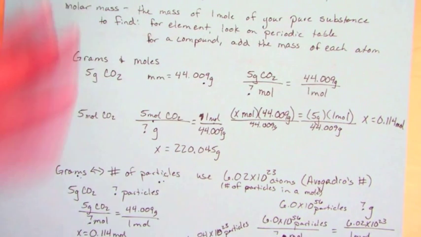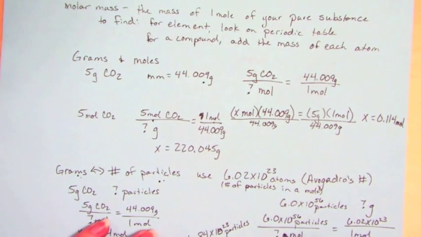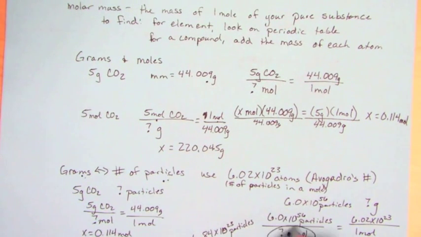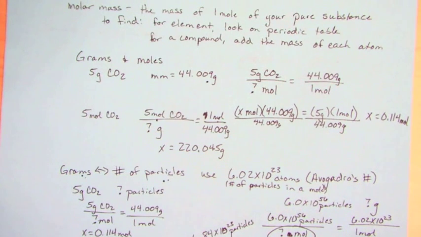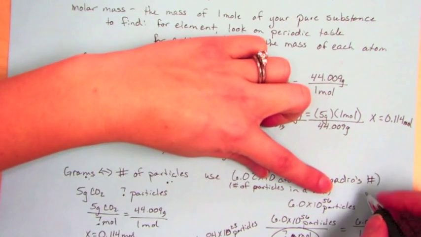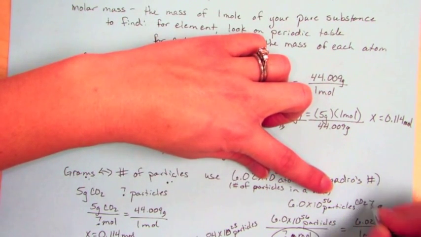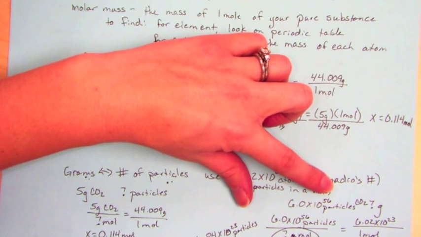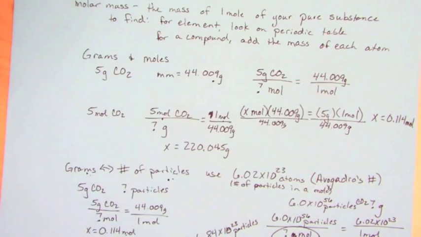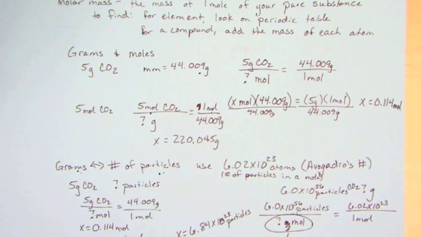Do our cross multiplying there, and then this answer would go here over question mark grams, and we would use 1 mole over the molar mass. So in this case, if we still were using the CO2, the molar mass would be 44.009 grams. So they still have that double step there.